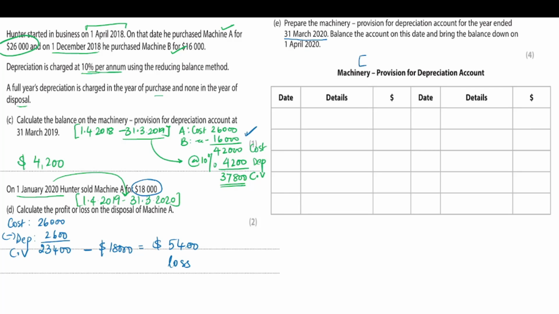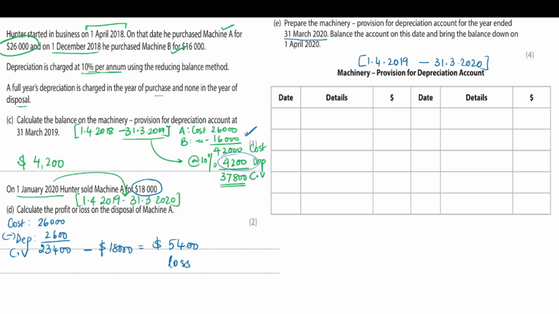So first we will bring down the balance, they say. So the financial year we are looking for is 1/4/2019 to 31/3/2020, which is very important in depreciation. And what does our balance start with? So on 31st March 2019, the balance was 4,200.